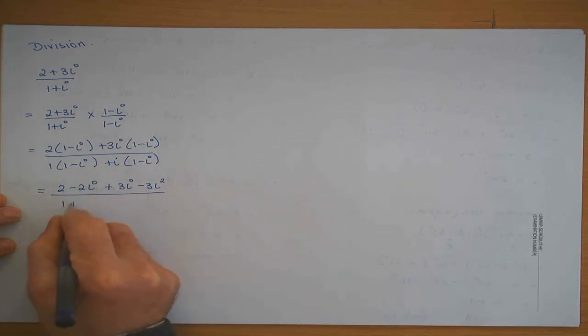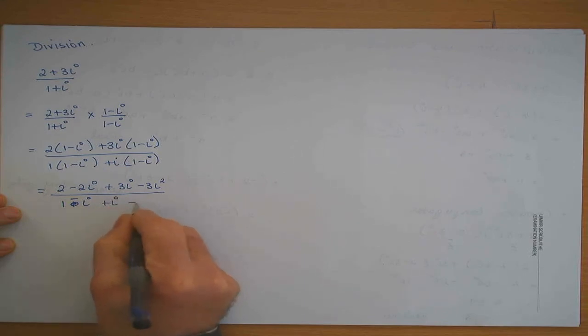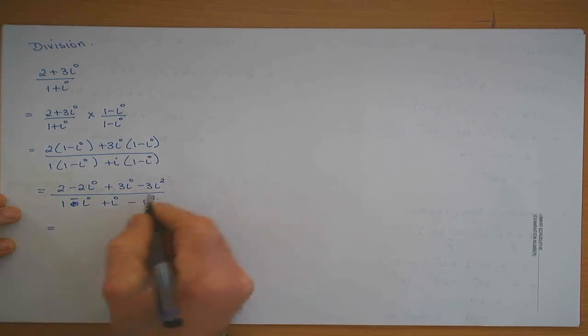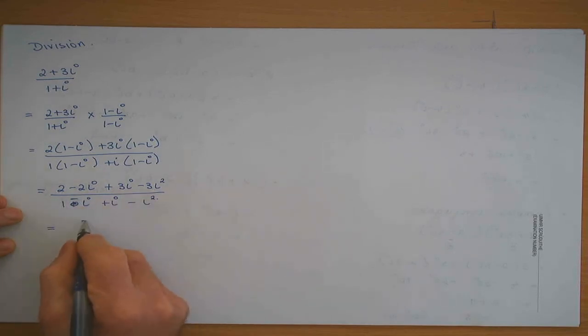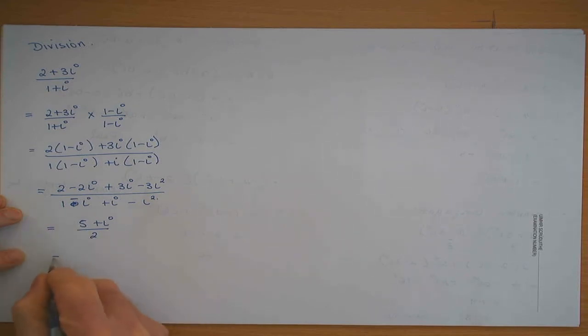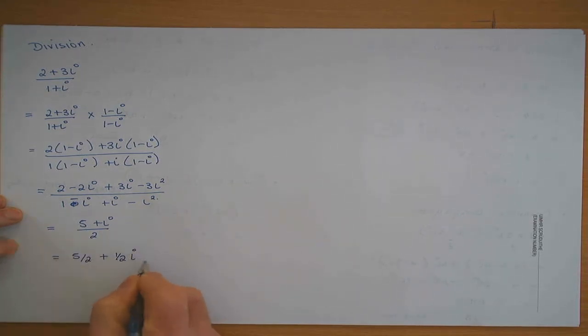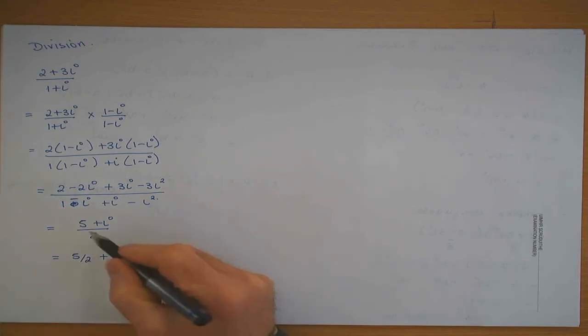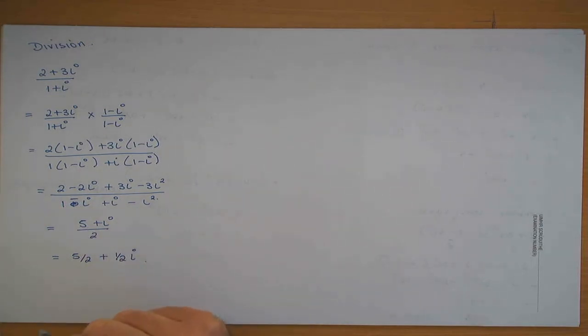All over the bottom, 1 minus iota plus iota minus iota squared. Minus 3 iota squared, what's that? Plus 3. So 2 and 3 is 5, plus iota. All over the bottom, 2. So we say that's 5 over 2 plus 1/2 i. And that's how we divide complex numbers. You have to divide 2 into both of them. Yes? Okay.